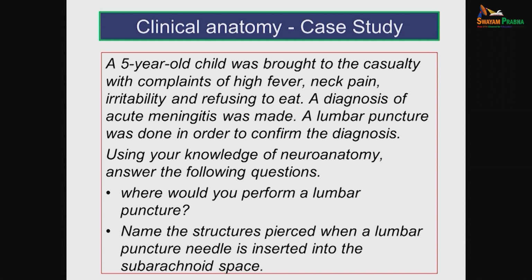So, using your knowledge of neuroanatomy, answer the following questions. Where would you perform a lumbar puncture? And also, name the structures pierced when a lumbar puncture needle is inserted into the subarachnoid space. We will discuss this case study at the end of this lecture.